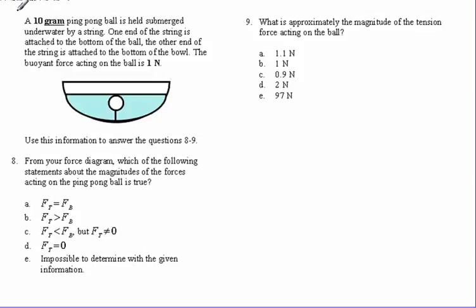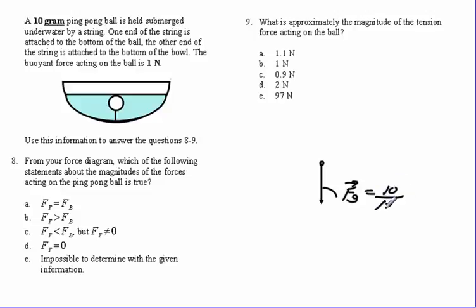Alright, question number 8. Again, always draw the free body diagrams of these. We have a 10-gram ping pong ball. So we'll draw that coming back down here. This will be the force of gravity. Again, it's going to equal the mass, and you need to change that to kilograms.